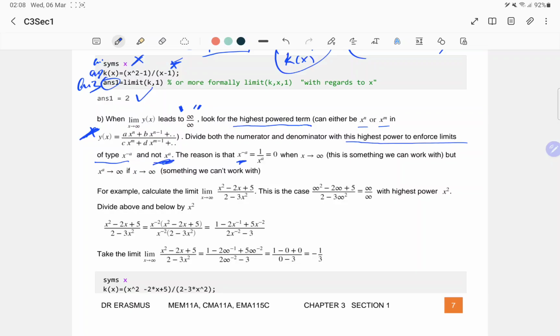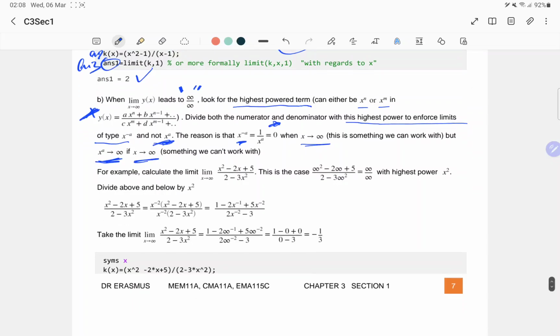1 over x to the power a is equal to 0 when x goes to a very large number, and this is something we can work with. But if x approaches a very large number, this is something we can't work with.